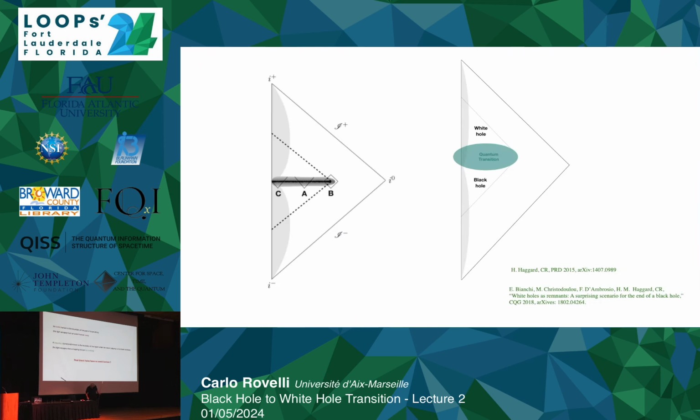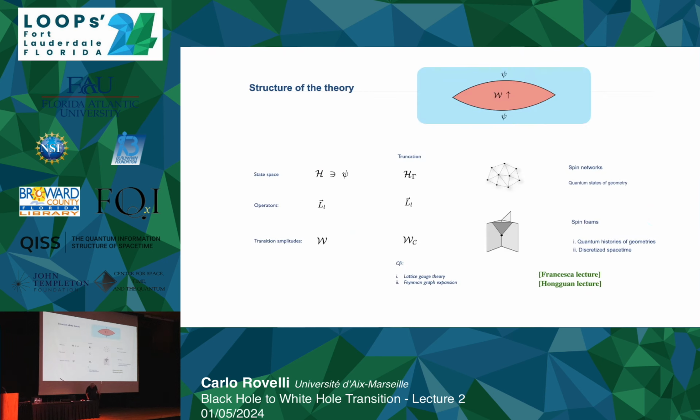I said that the remaining region, the B region, is easily described in the formalism that Francesca Ronguan described in great detail, because it's a transition between the initial state and the final state, where you compute probability amplitudes for going from here to there.